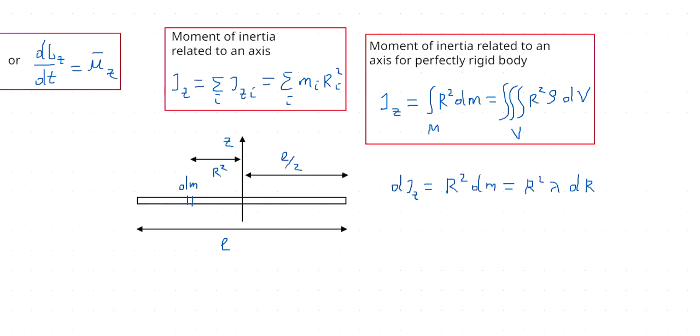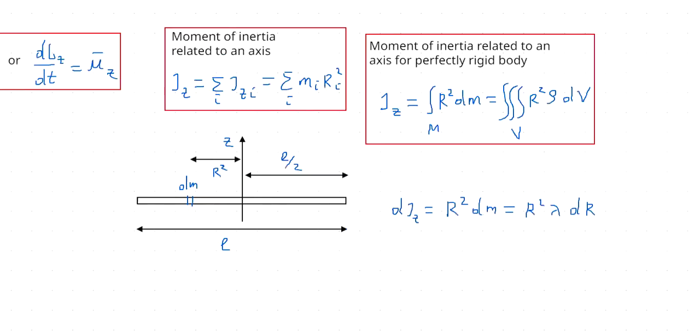Linear density for a homogeneous thin rod can be calculated as mass divided by length.